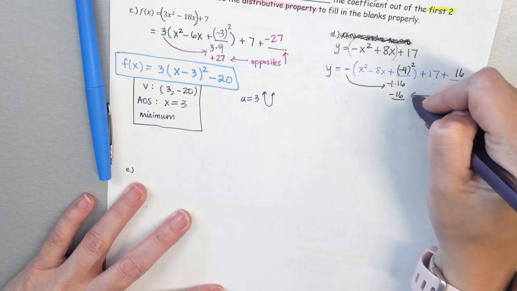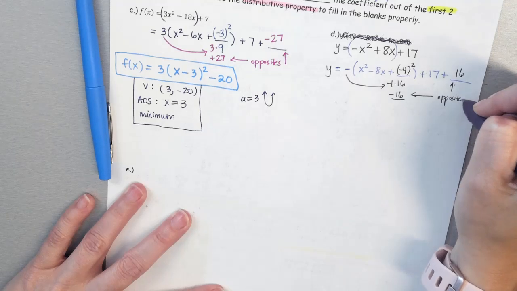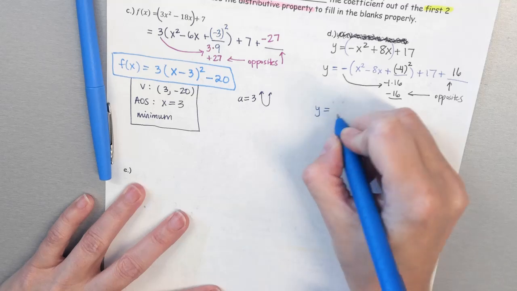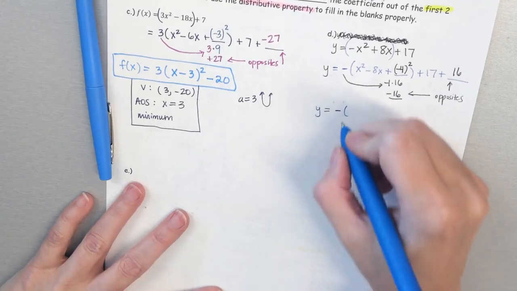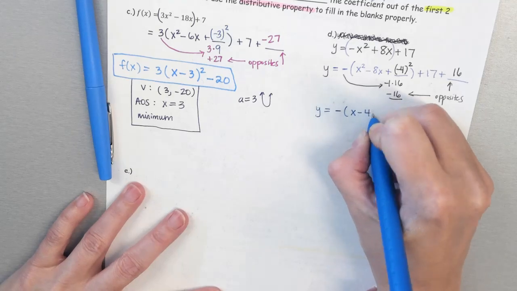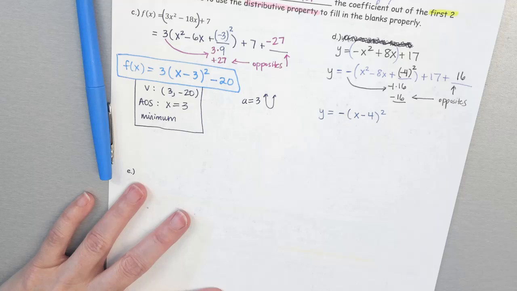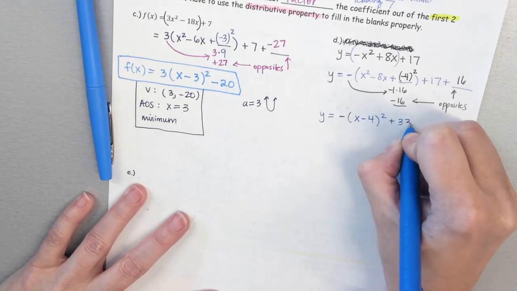So again, opposites. So make sure you keep the negative on the outside. The A value is just always going to drop down to the outside. And then 17 plus 16.